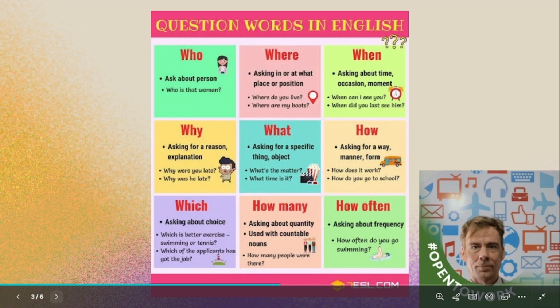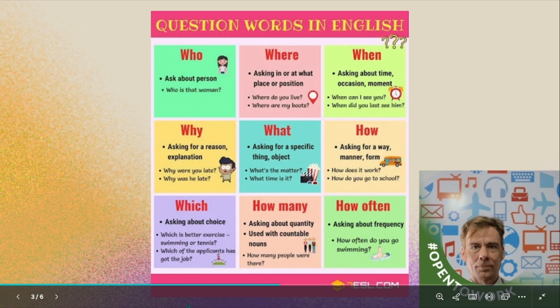Now, keep in mind what and how can be combined with other words to make question phrases. For example, what time, what kind, how many, how often.